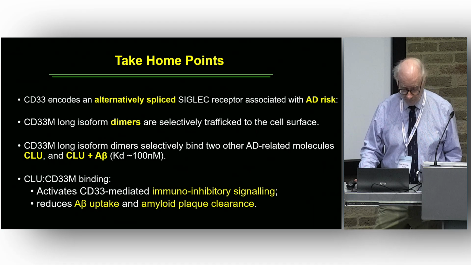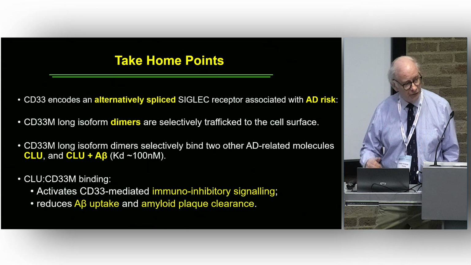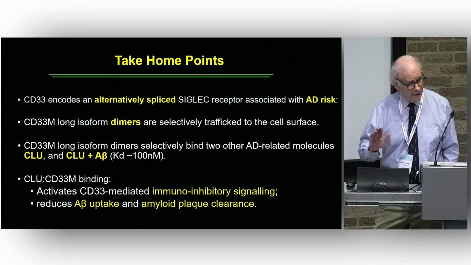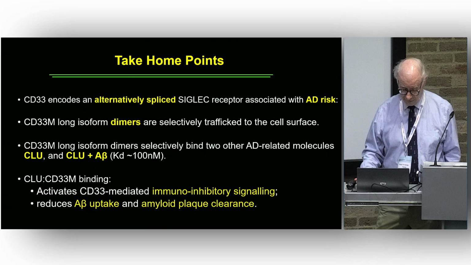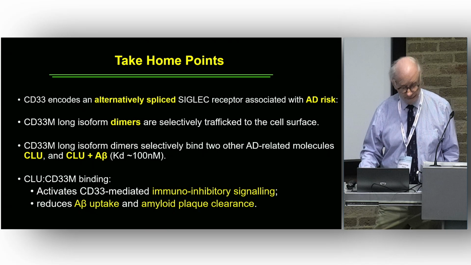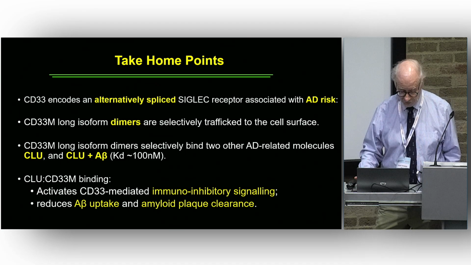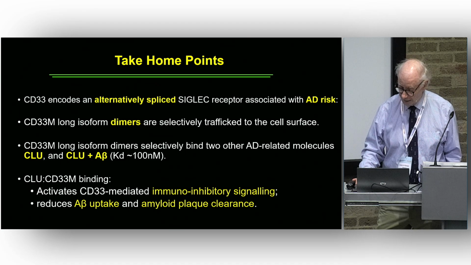One is a longer isoform, and what I'm going to show you is that it forms dimers that are selectively trafficked to the cell surface, and that these long isoform dimers selectively bind two other AD-related molecules, clusterin and clusterin with A beta, and that this binding activates the immunoinhibitory signaling of CD33, which then reduces A beta uptake and amyloid plaque clearance.